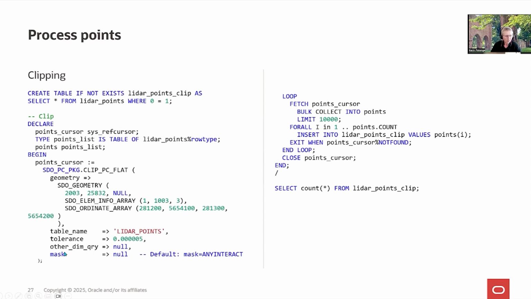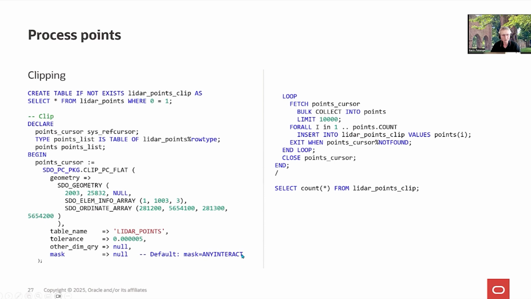Where do I know from that it takes the points that are interacting with this query window? There is this mask operator you know from SDO_RELATE, for example, where you define the type of topological relationship, and if this is null, then the default goes with mask equal ANYINTERACT.